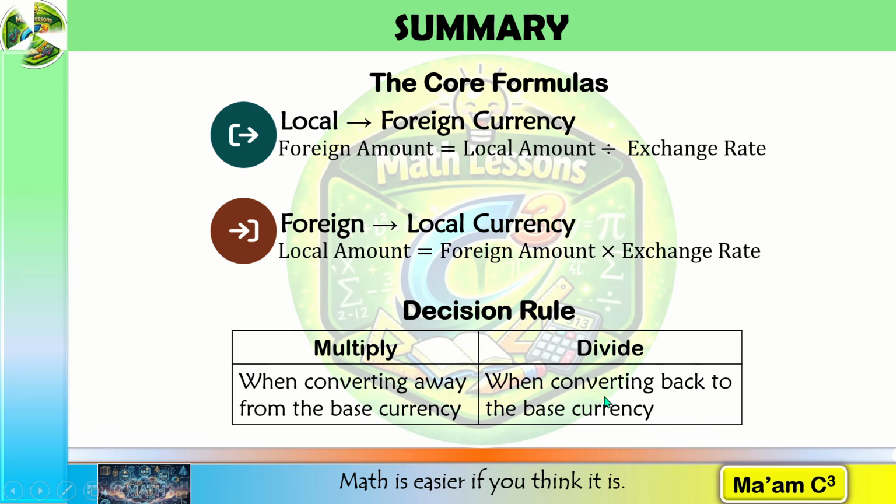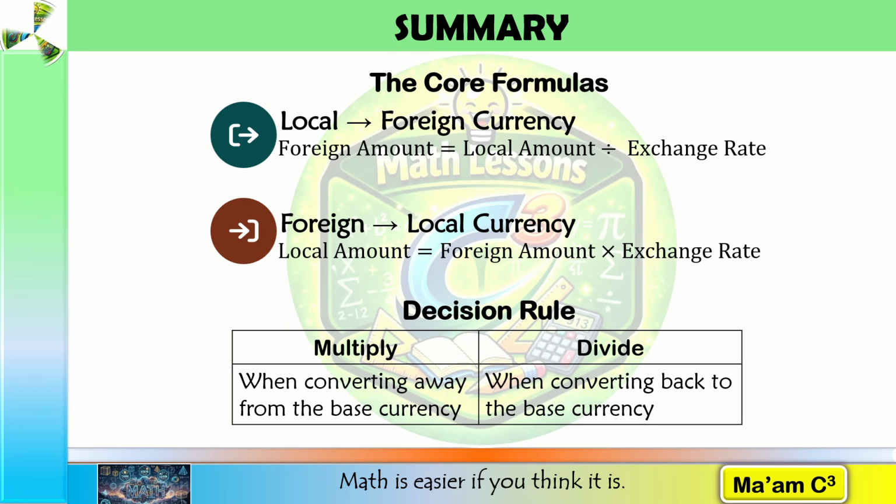Or again, you may use the unit cancellation technique. Write the exchange rate as a fraction and arrange it so the unwanted unit cancels, just like what I showed you in our examples. However, always examine the way the exchange rate is written. And when solving real-world problems, remember to look for additional information such as service fees, transaction charges, or other costs.